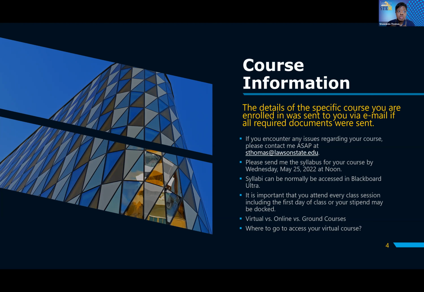Right. So virtual does mean that you have to Zoom in at a certain time. Just like if it's 1:30, then they do have to Zoom in from 1:30 to whatever, 3 o'clock or whatever it says. Online, if it says strictly online, that means that they do not have to meet at all.